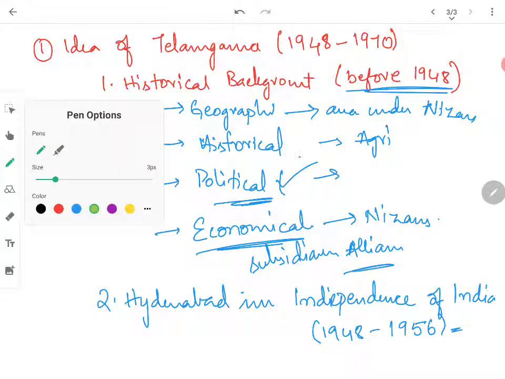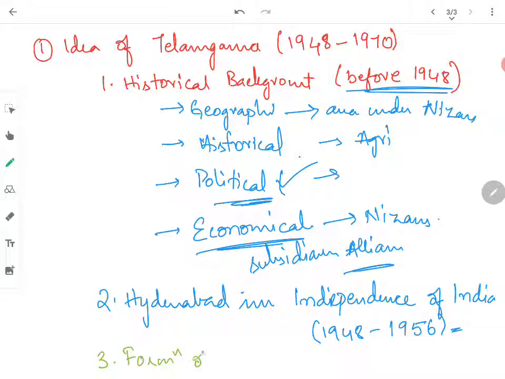And then comes the third chapter, the formation of Andhra Pradesh, which took place in 1956. In this chapter, we will learn different issues regarding the merging of Telangana and Andhra Pradesh.